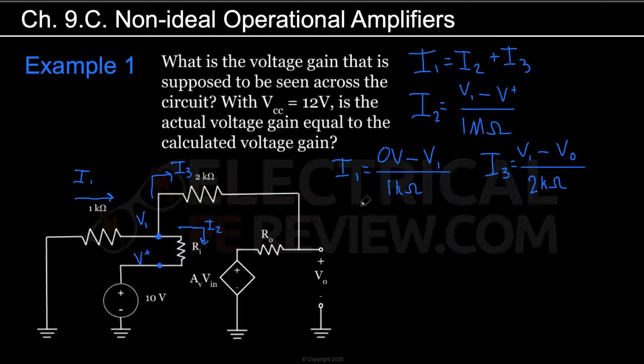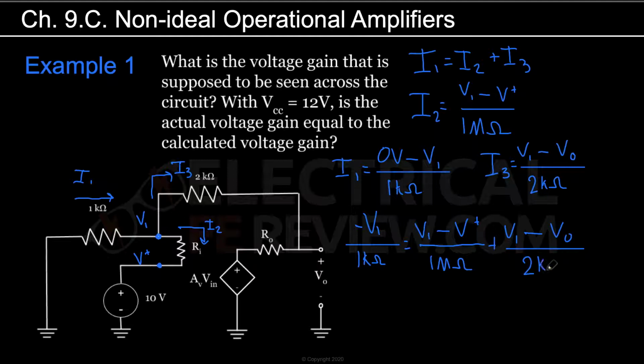We're going to say that I1, which is negative V1 divided by 1 kilo ohm, is equal to I2, which is V1 minus V plus over 1 mega ohm, plus V1 minus Vout divided by 2 kilo ohms.